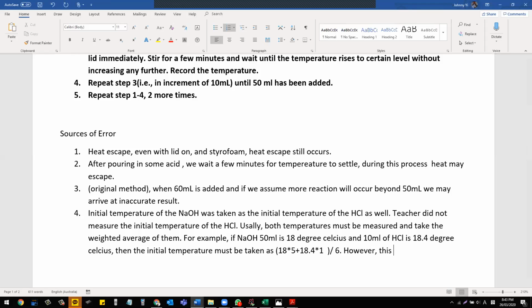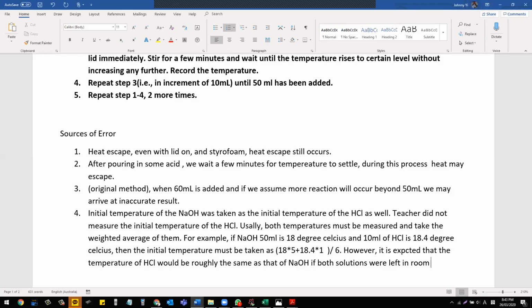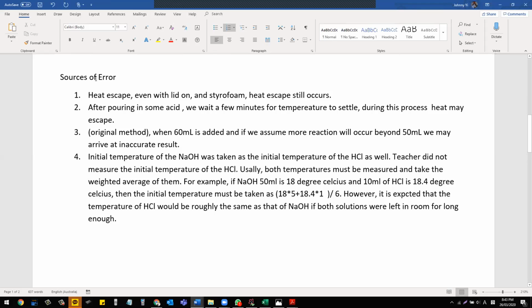However, it is expected that the temperature of HCl would be roughly the same as that of NaOH if both solutions were left in the room for long enough. Okay, something like that.